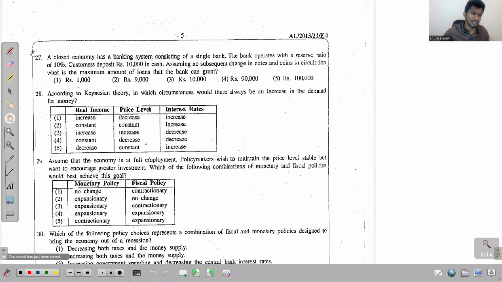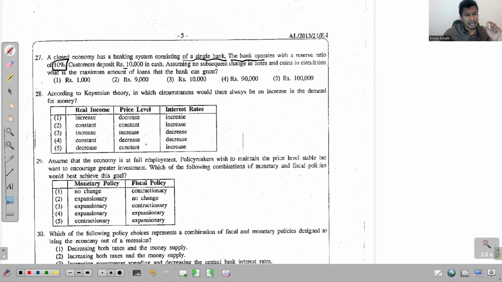In question 27, it says, a closed economy has a banking system consisting of a single bank, which means for this entire economy, there is only one bank. It's a monopolistic situation. And the bank operates with a reserve ratio of 10%, which is SRR.